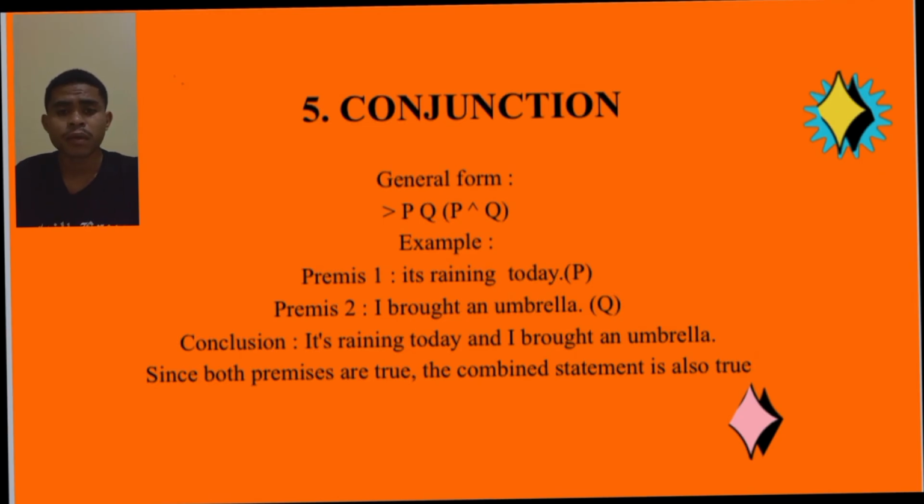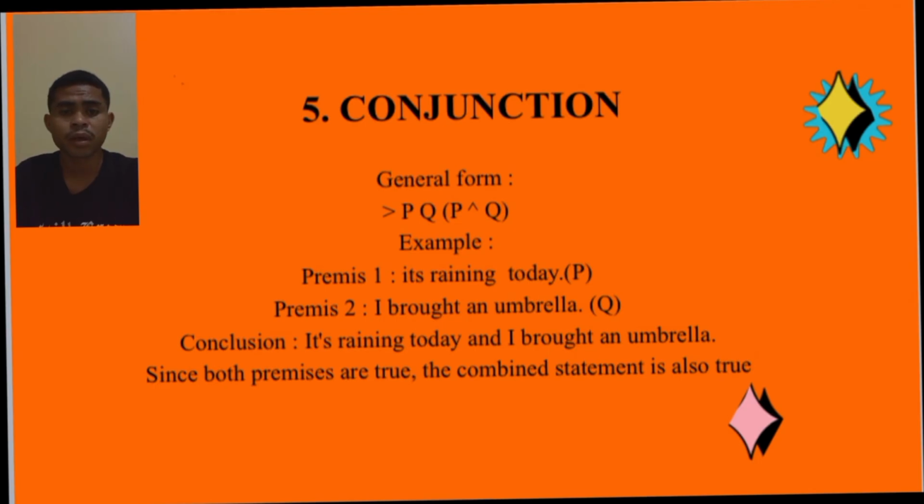Slide 1. What is a conjunction? Let's start by understanding what a conjunction is. A conjunction is a compound statement that combines two simple statements with the word and.